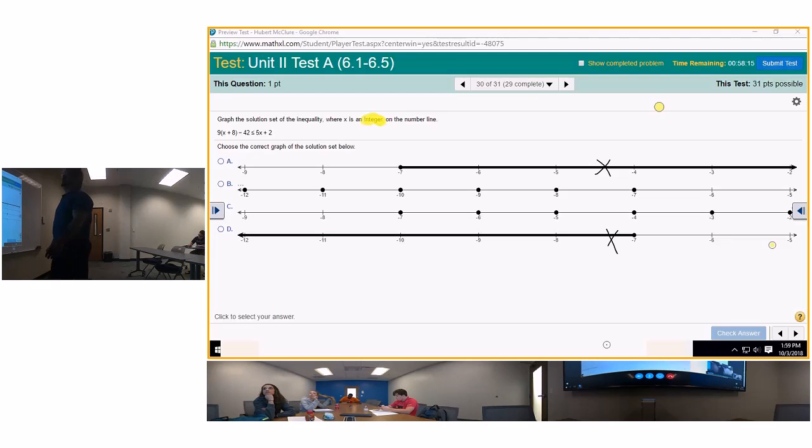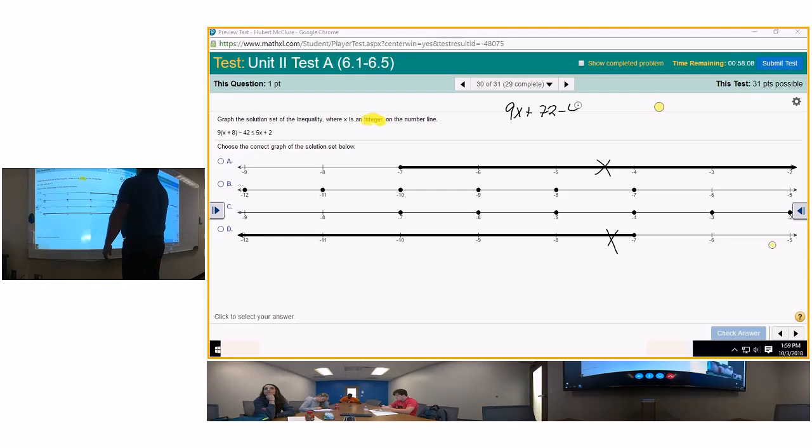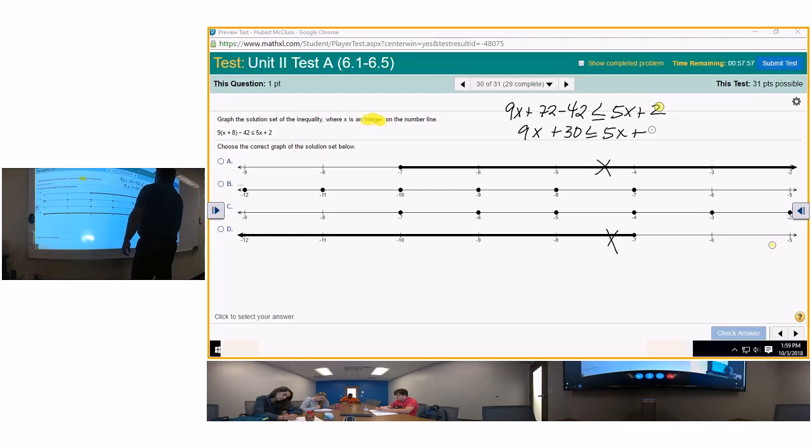So I'm going to solve it. 9x plus 72 minus 42 is less than or equal to 5x plus 2. 9x plus what? 30 less than 5x plus 2. 4x is less than or equal to, what's 2 minus 30? Negative 28.